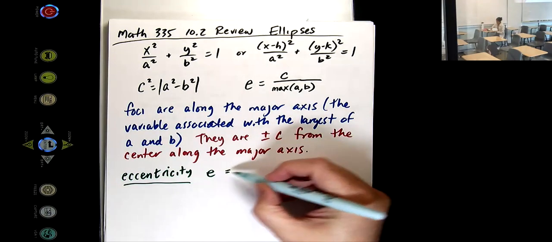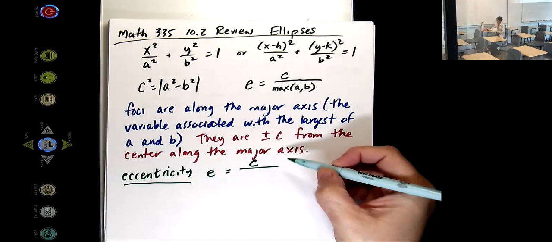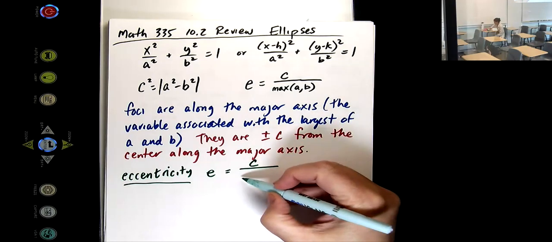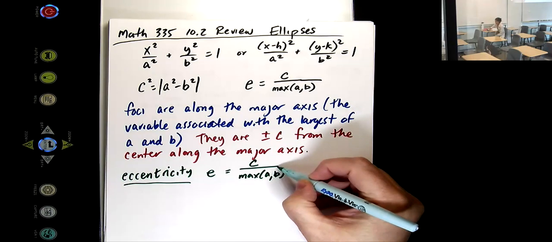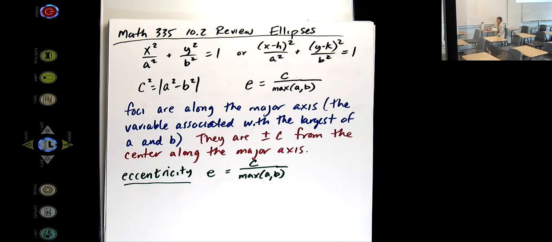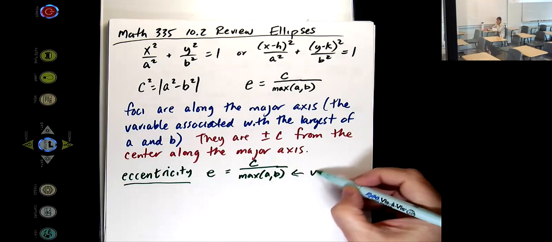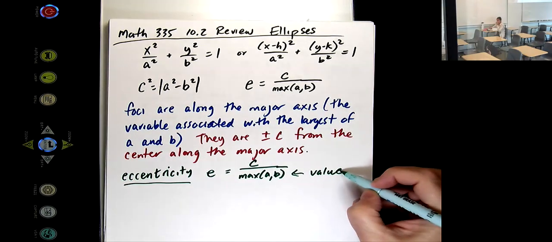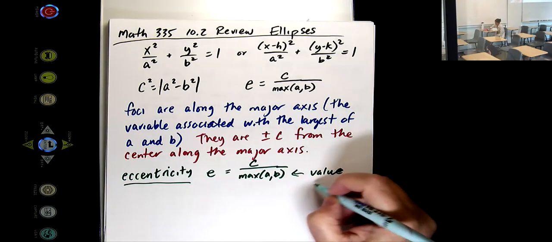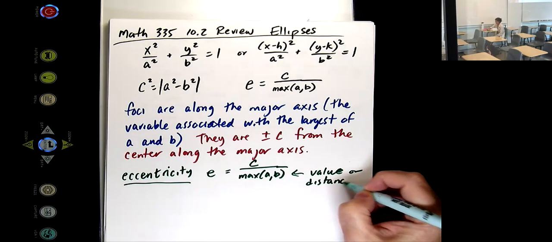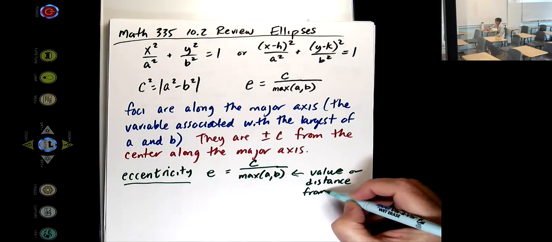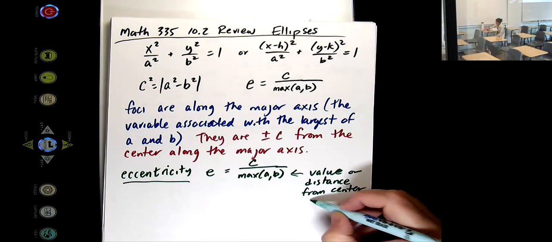It is going to be C over, I found a better way of saying it, the max of A and B. Whichever one of those is larger, we're going to use that one on the bottom, which basically means the value associated with the major axis, or distance from center along the major axis.